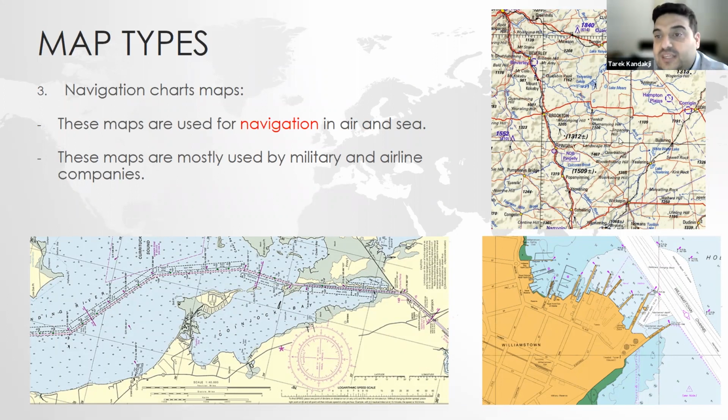As you see here, this map is for airline data, for when the airplane is flying and the pilot needs to know where they are and how they need to move. This map here is for the Navy, and this one is also for one of the Navy forces, showing how they navigate in that region. It's very important.